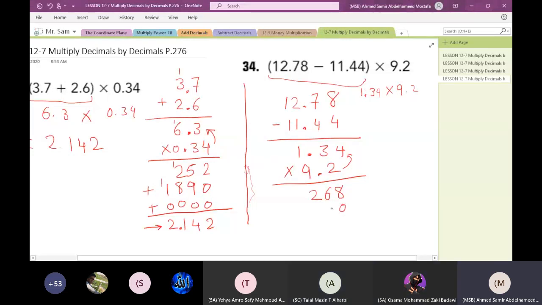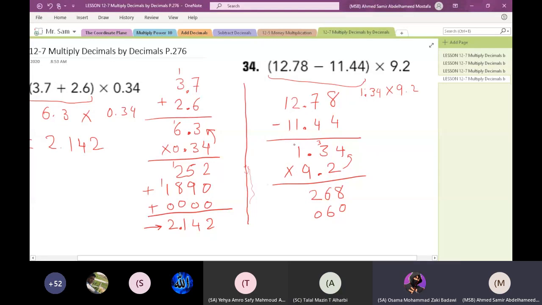Decimal point and then what? 1 times 9 equals 9. 9 times 4 equals 36.